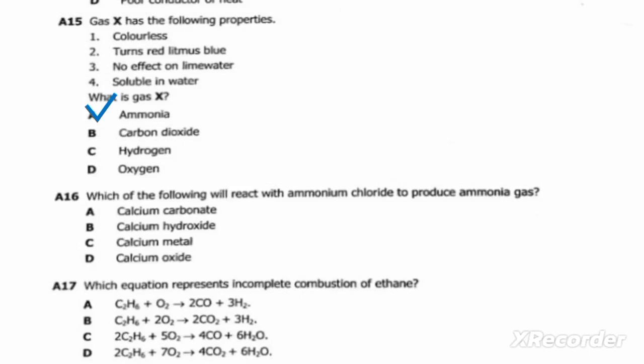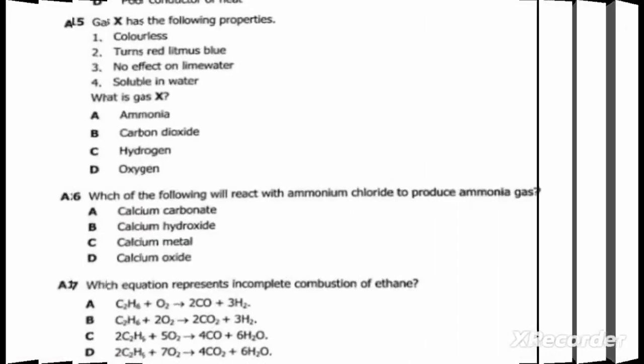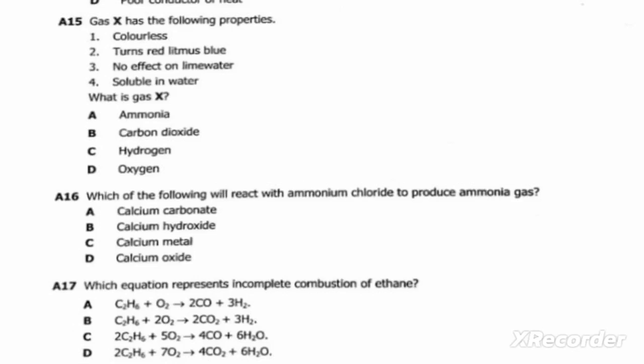D. Calcium oxide. Okay. So the one that can react with the ammonium chloride to produce ammonia gas is calcium hydroxide.